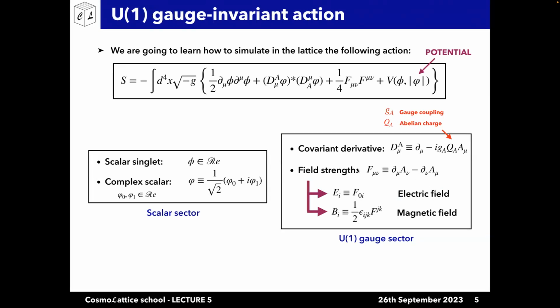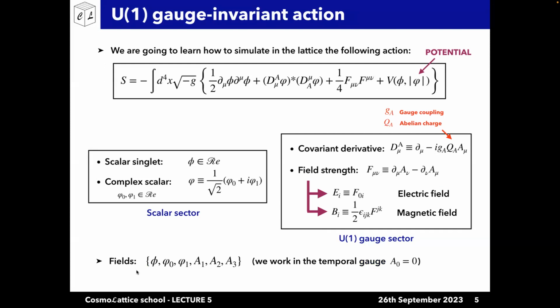And then from the field strength, we can build the electric field, which is the 0i component of the field strength, and the magnetic field. Both of these quantities have 3 components, with i going from 1, 2, and 3. So this is a 3-vector, and this is a 3-vector. How many fields do we evolve here?